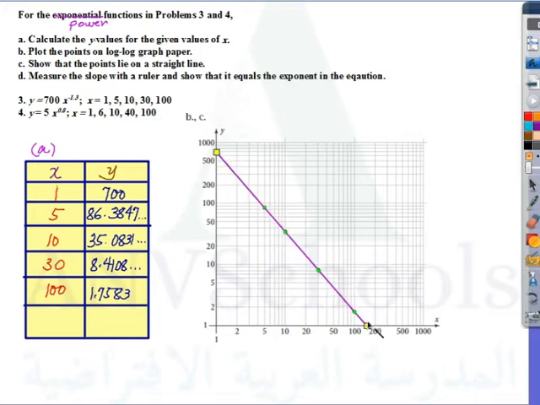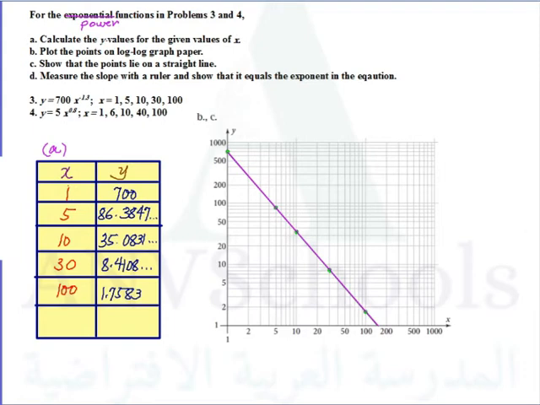So this is my line. Okay. Let me just clarify all the points. Okay, that's it. So as you can see, we have a straight line.